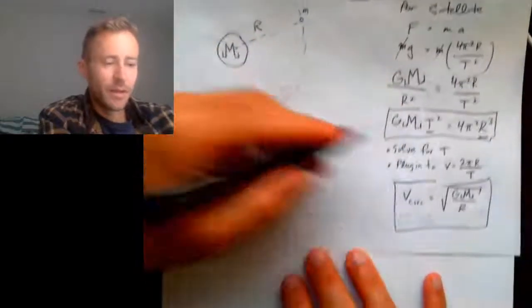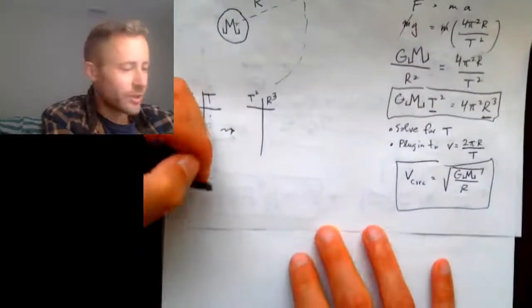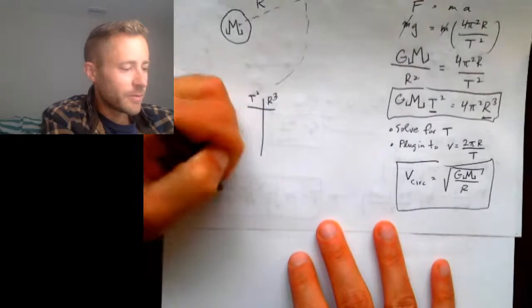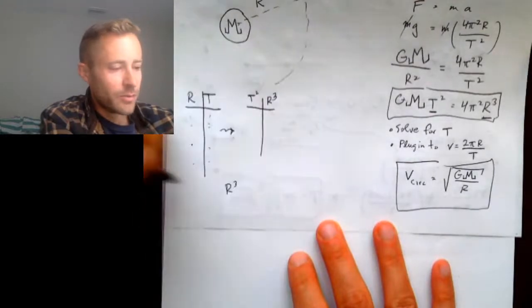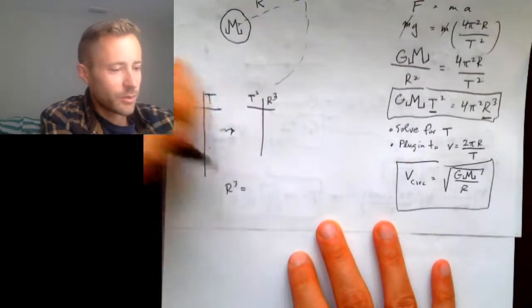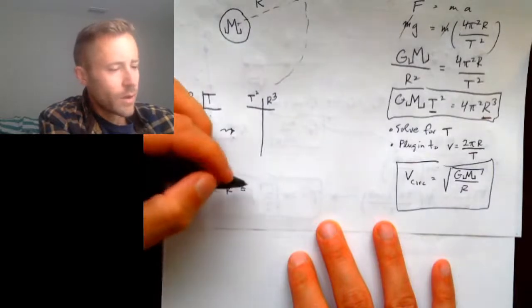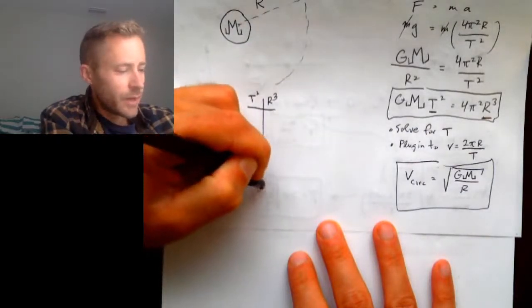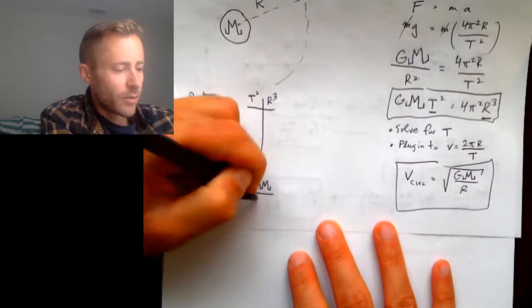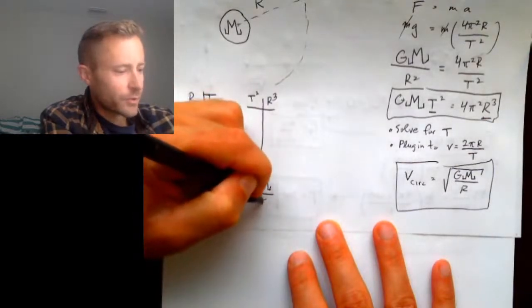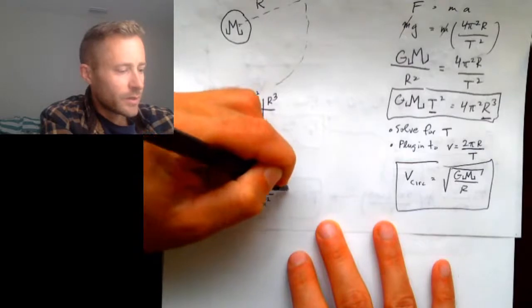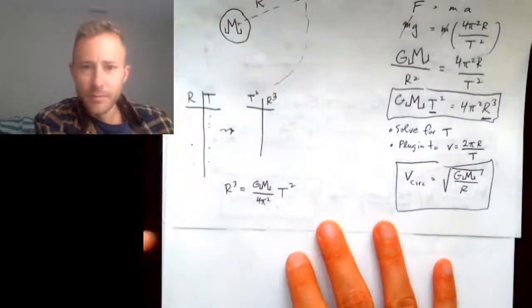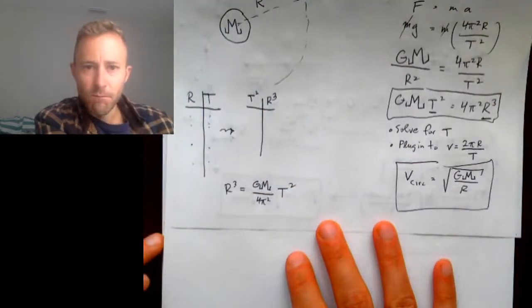Okay? And so Kepler's law says that r cubed equals G M over 4 pi squared times period squared, like that. Okay?